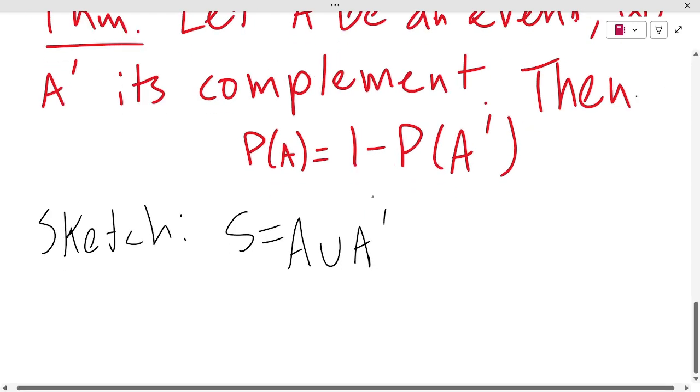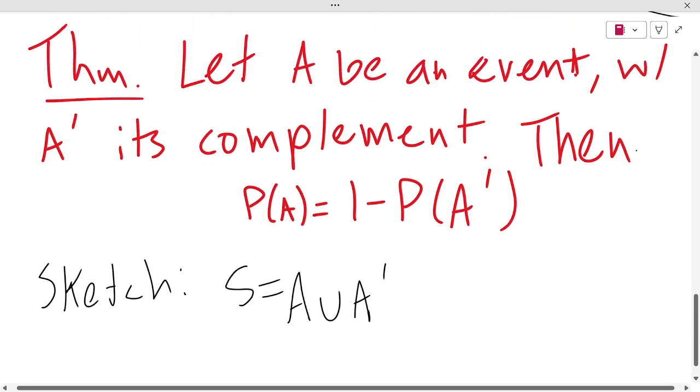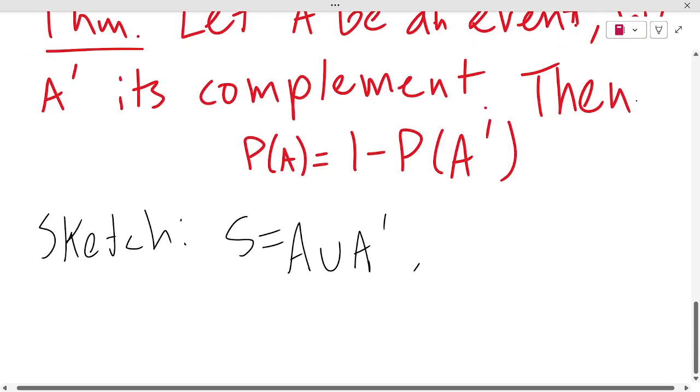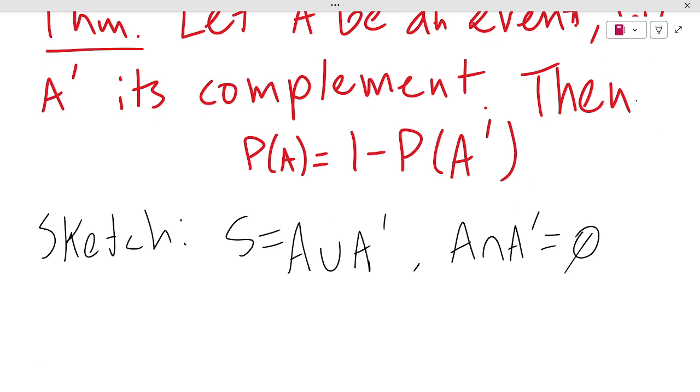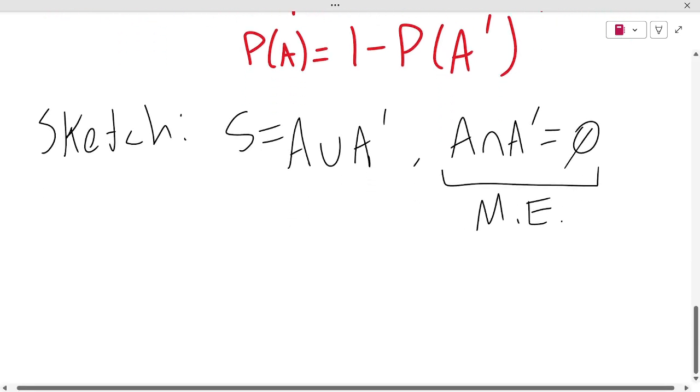Also, we can't have A and not A happening at the same time, right? So their intersection must be the empty set. Okay, but what does that tell us? That tells us they're mutually exclusive, right? When their intersection is the empty set, they're mutually exclusive.